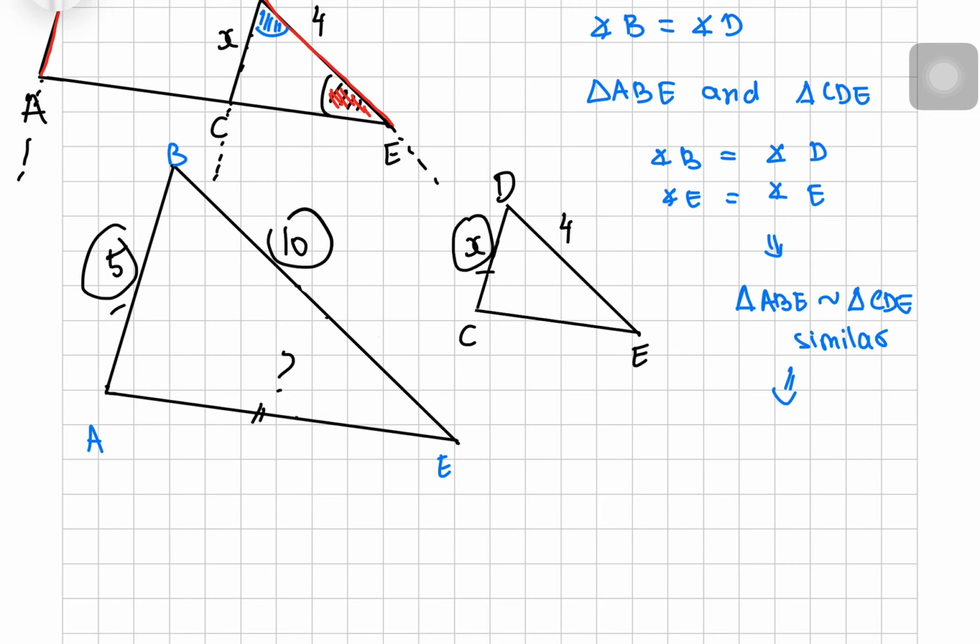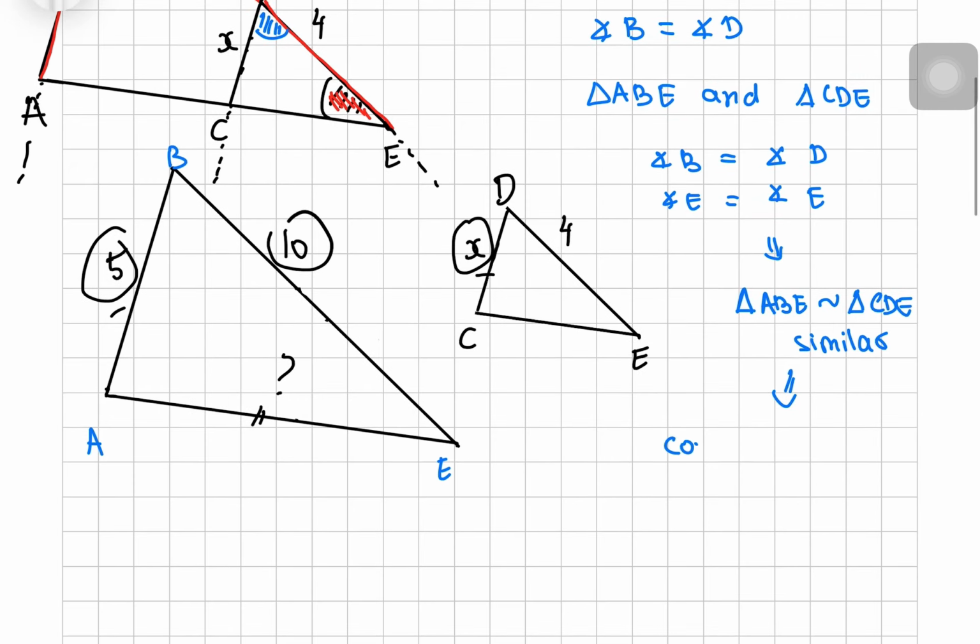Since these triangles are similar, corresponding sides form a proportion. So let us start from the ABE triangle and see which sides are given.